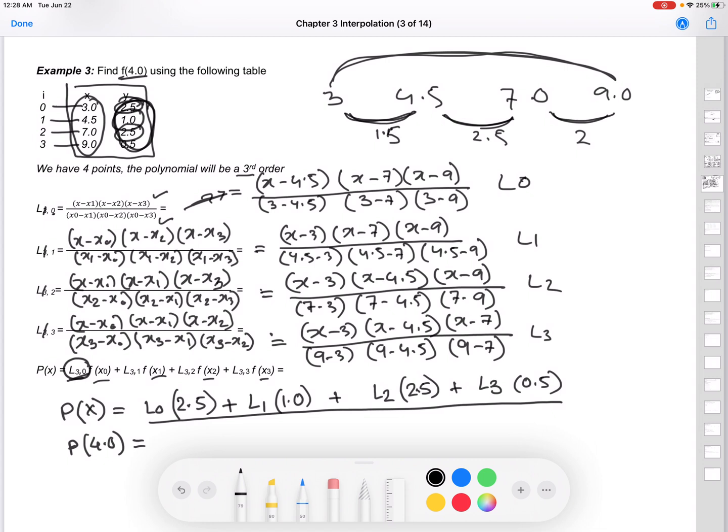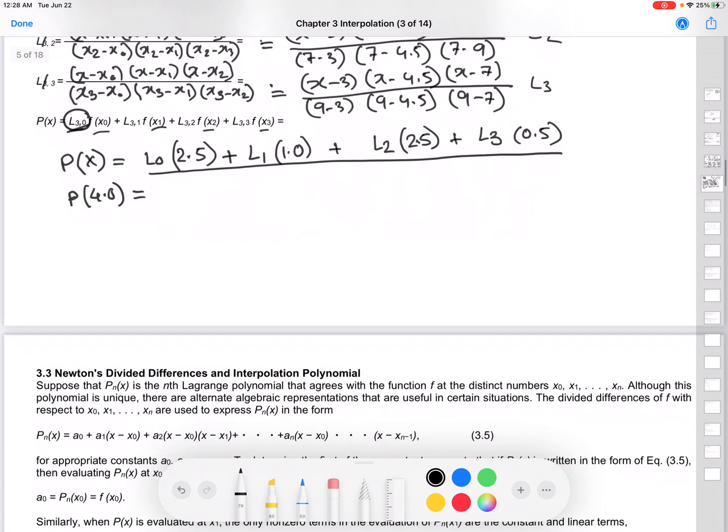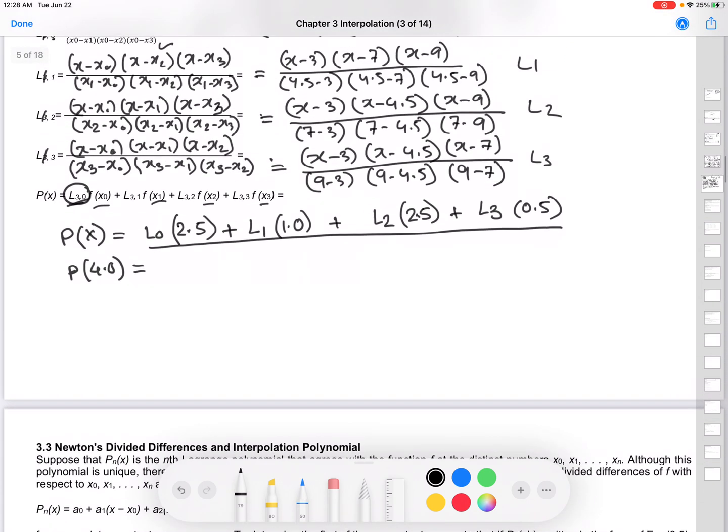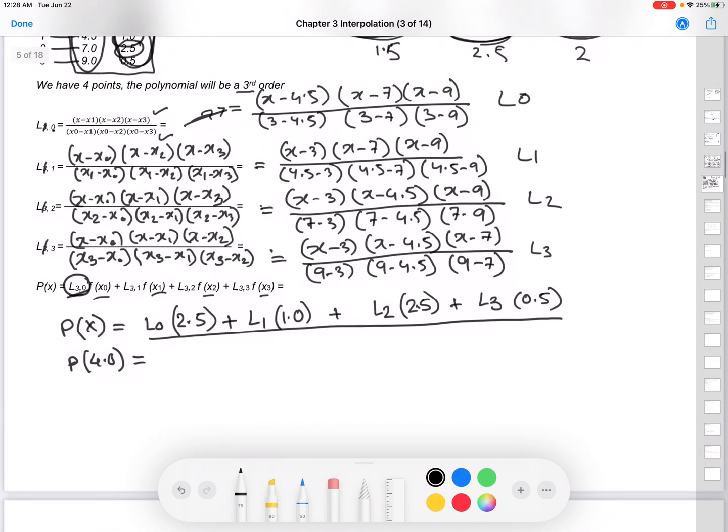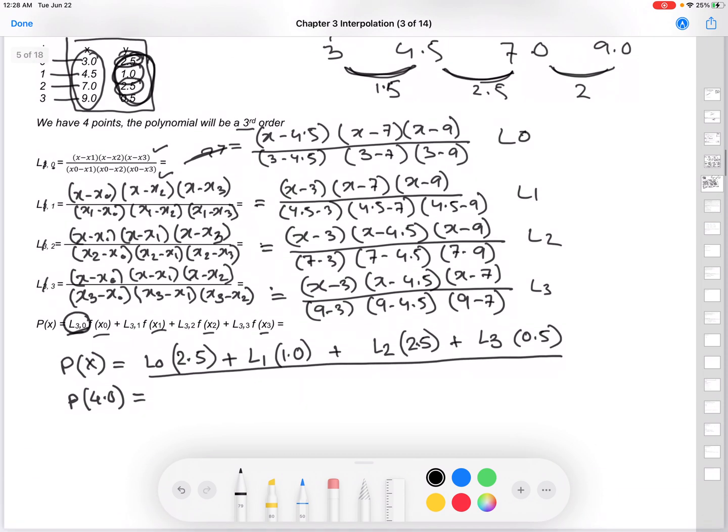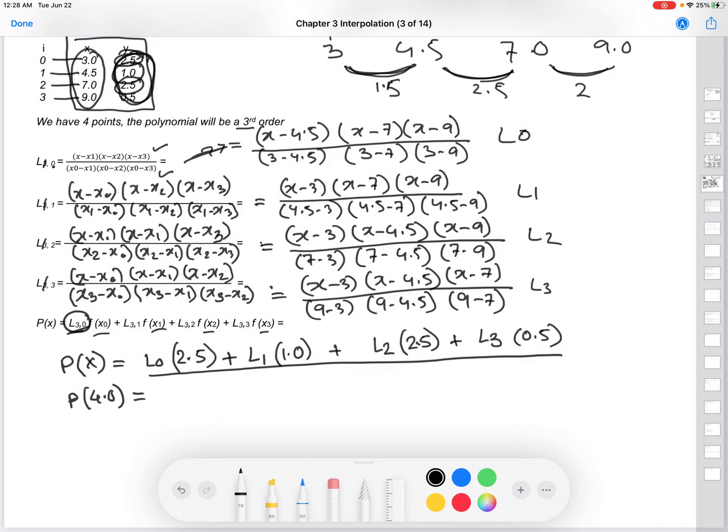I am not completing this calculation for you guys, so you need to complete the calculation. And that's our interpolation method. Then we are going to Newton's divided difference interpolation. So you will find a complete worksheet for this one.